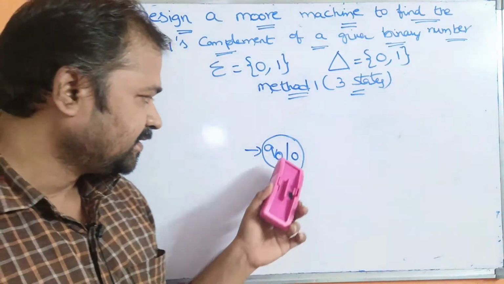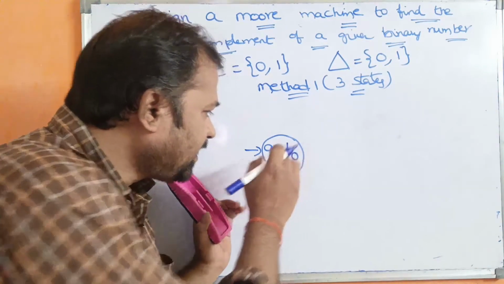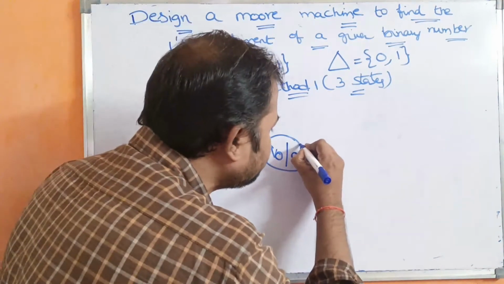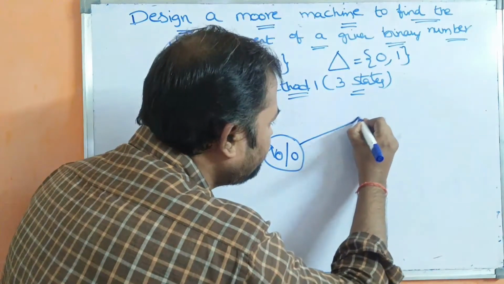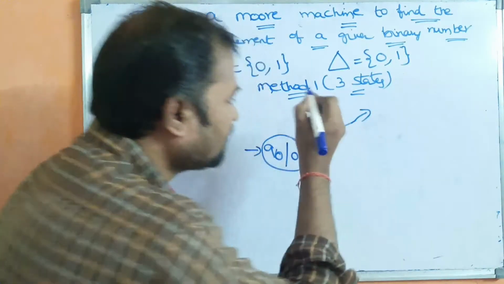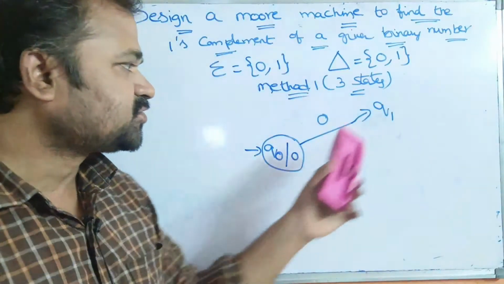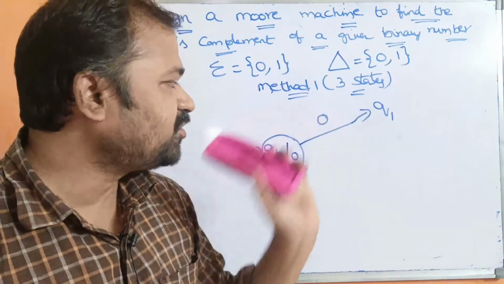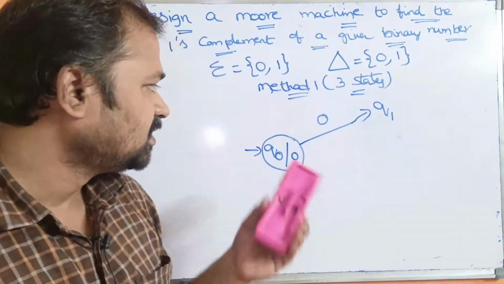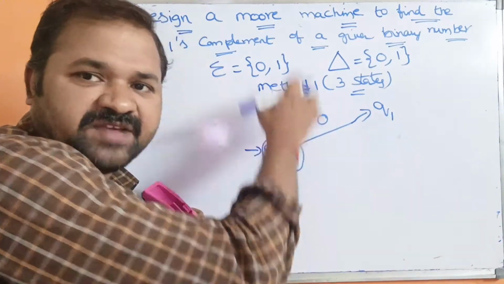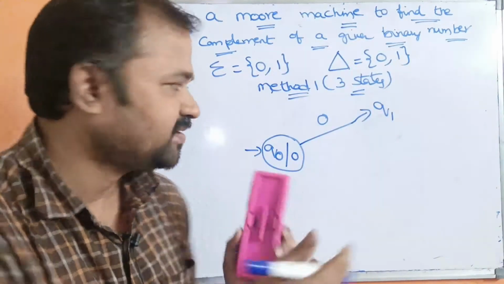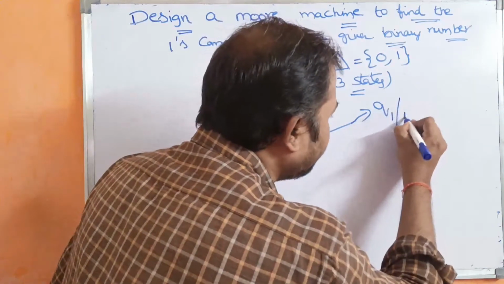Next, here if the input is 0, then we will get a state called Q1. So Q1 accepts 0 as the input. If the input is 0, then what is the output? 1. So the output of Q1 is 1.